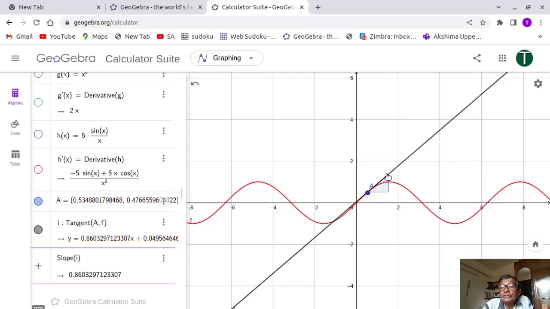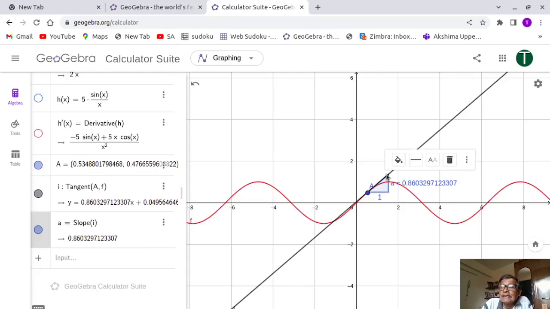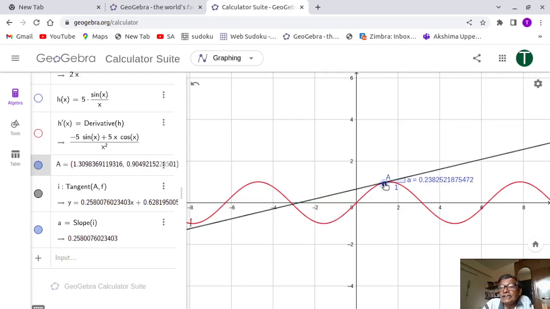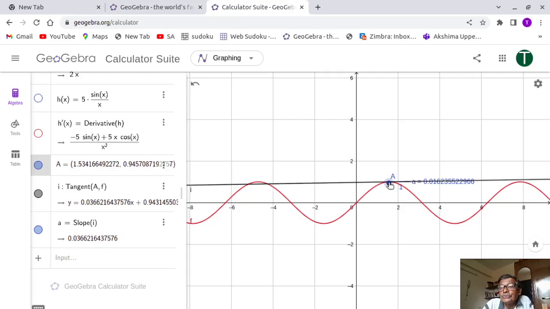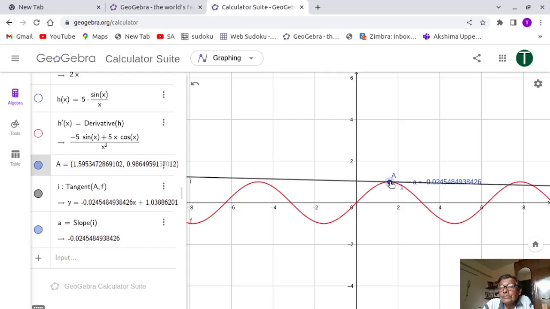and also it shows the tan theta. You calculate this at that point. Visually it is so, and the value of the slope is this one. And as you can see, if you vary it, the slope here will be close to 0. At the peak it will be 0.